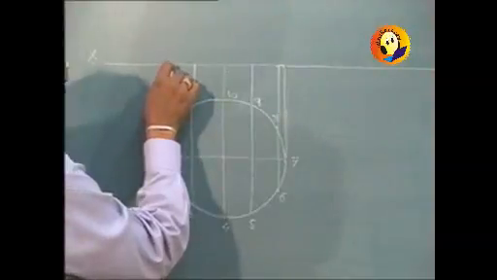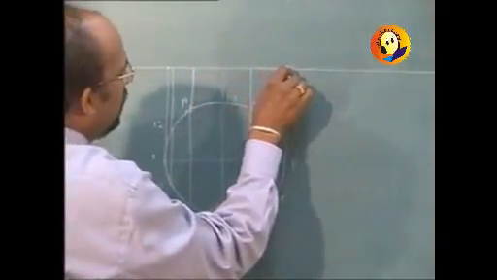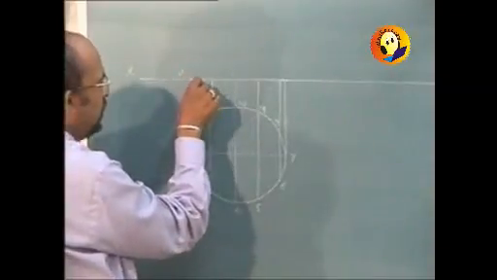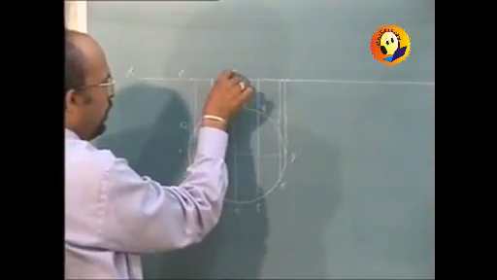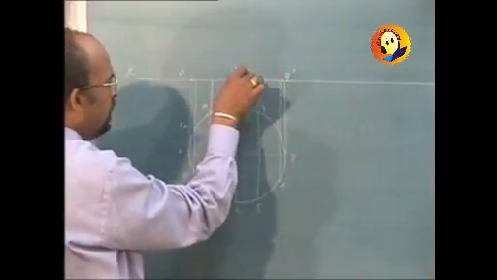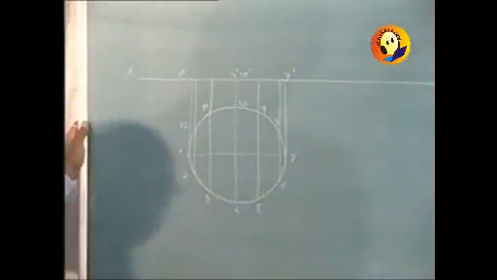As the lamina is kept on HP, these points, or rather this line, will be the front view of that lamina, starting with point 1 dash. This is 2 dash, 3 dash, this will be 4 dash, this is 7 dash. I am not naming all the points, it is unnecessarily becoming complicated otherwise.